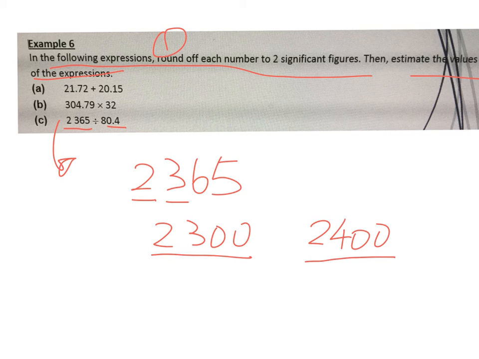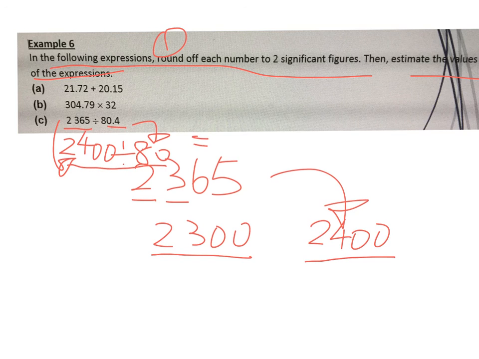This one is closer to 2400. So after round off, this one should be 2400. And for this one, we do it quickly. After round off, that should be 80. So you can do it like 2400 divided by 80, and then you can find the answer by yourself.